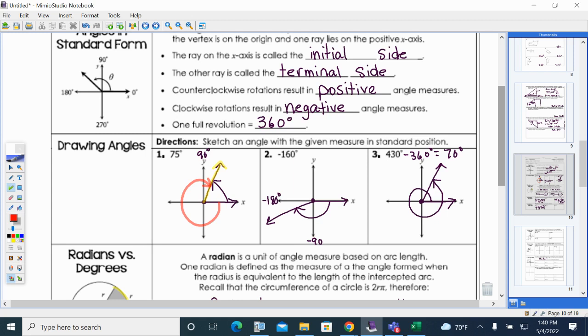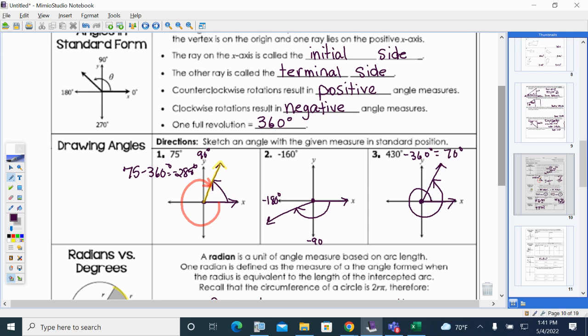And I would need to know, well, what is that measure? Well, that measure is whatever 360 degrees is minus the 75. Or I should say 75 minus 360, because it would be a negative angle measure. So 75 minus 360 would be negative 285.